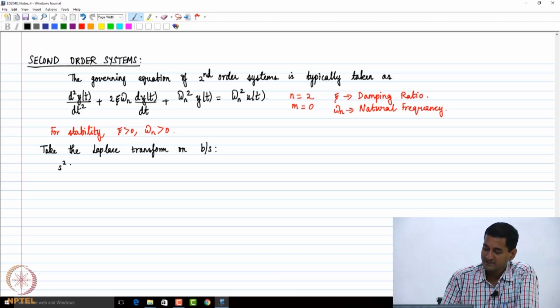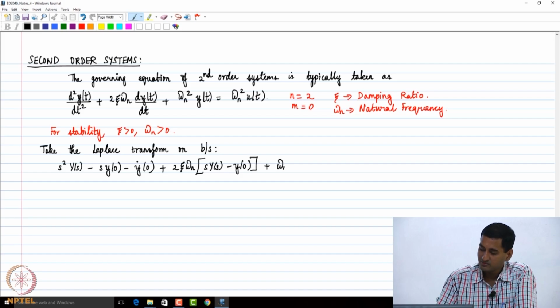Now, can you take the Laplace transform on both sides and calculate the system transfer function? The Laplace transform of the second derivative is s squared Y of s minus s y0 minus y dot 0. The first derivative is s times Y of s minus y0. Then we have omega n squared times Y of s, equal to omega n squared times U of s.